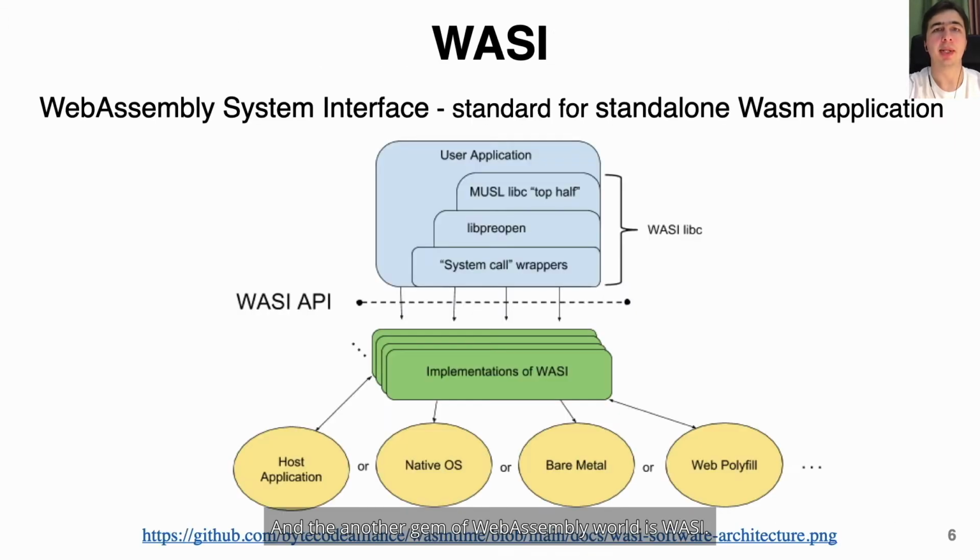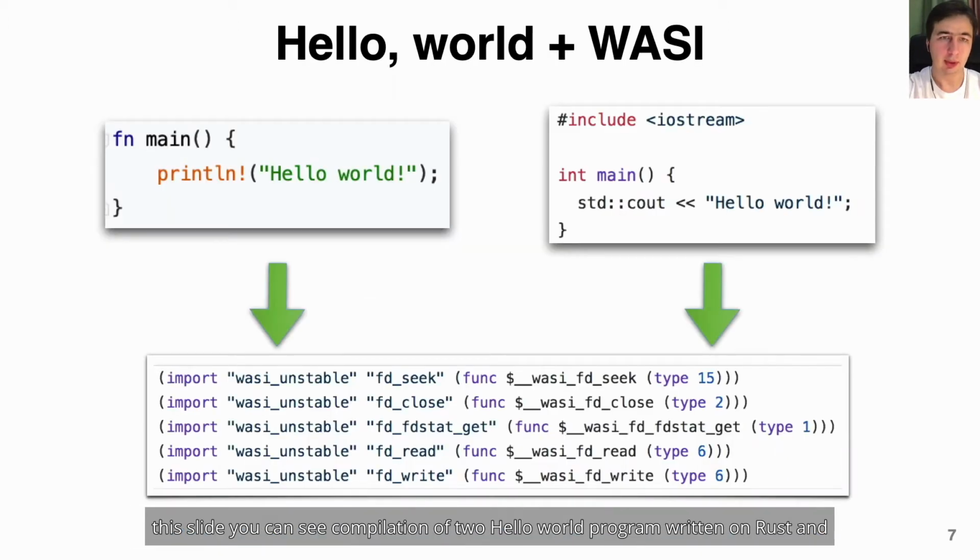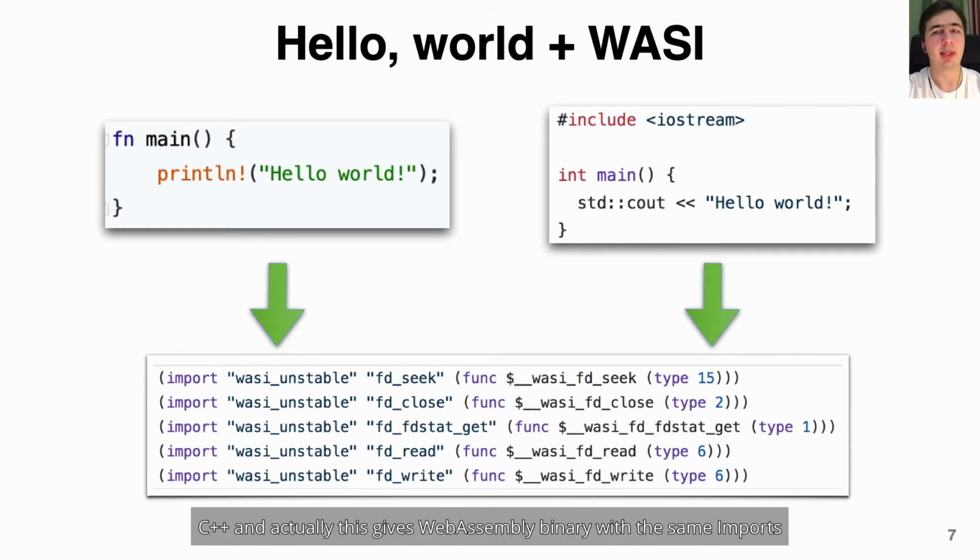Another gem of the WebAssembly world is WASI. WASI stands for WebAssembly System Interface. It is a standard of POSIX-like imports that a module can call from the runtime. On the slide you can see the compilation of two Hello World programs written in Rust and C++.